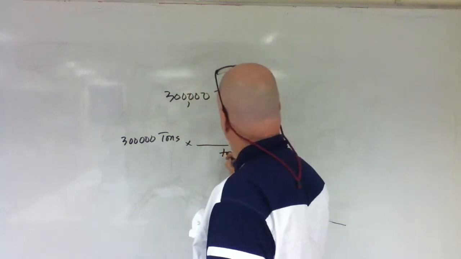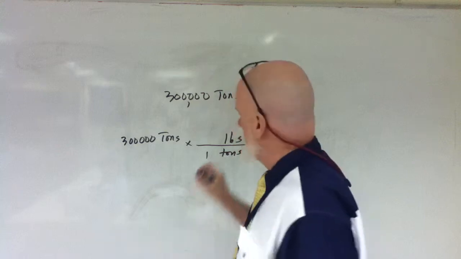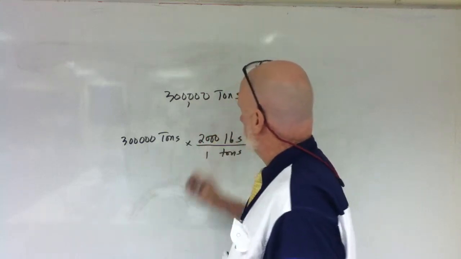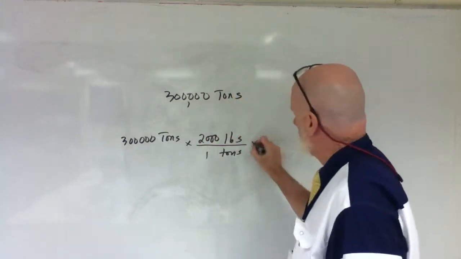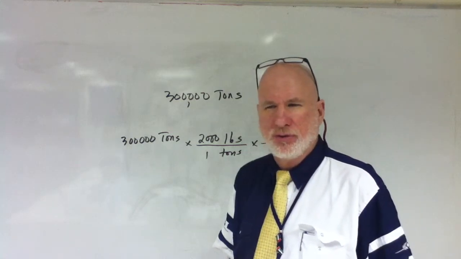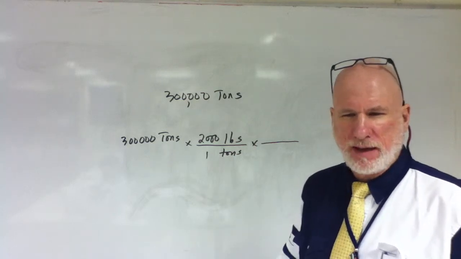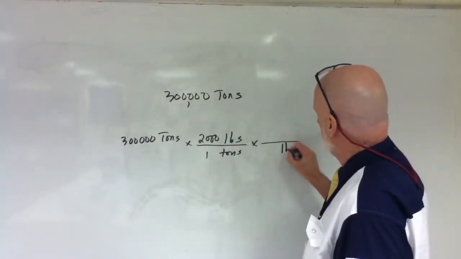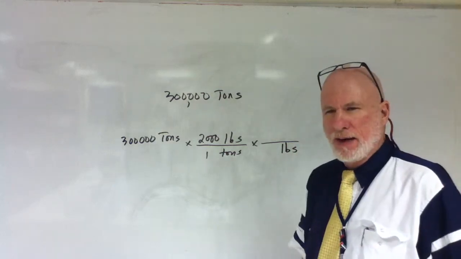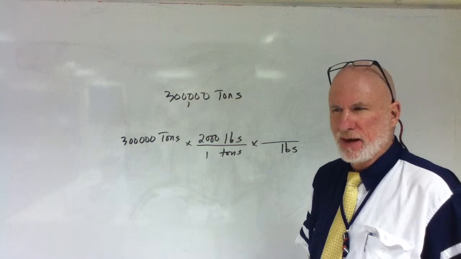Let's go from tons to pounds. 1 ton is 2,000 pounds, correct? Let's convert from pounds to kilograms. We'll go to kilograms.